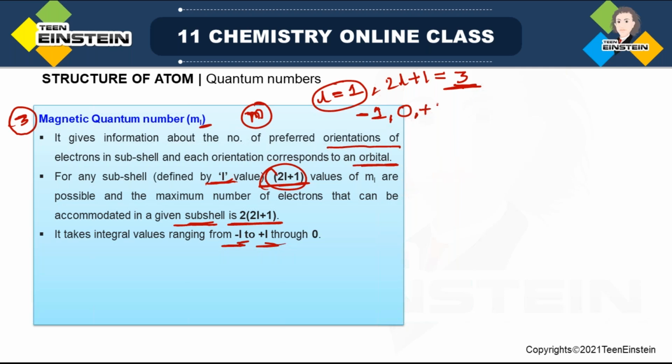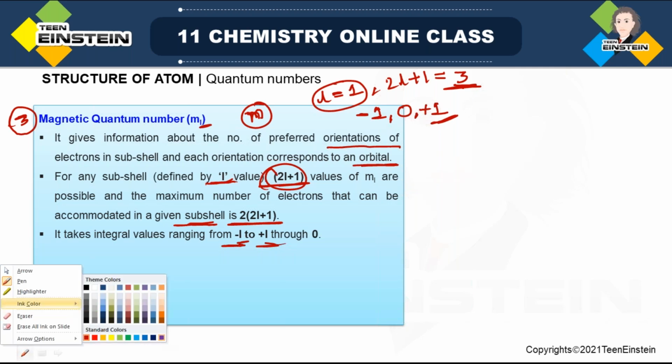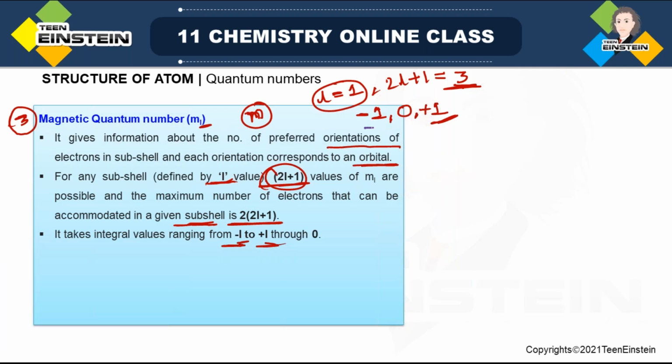Now you have already reached the maximum, because the range, as mentioned here, is minus l up to plus l. So you have already reached the limit, and you see the total 3 values which you have obtained here. In this way you can also find for l equal to 2, l equal to 3.